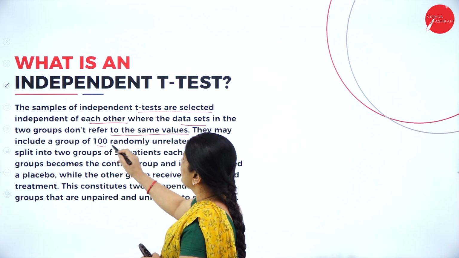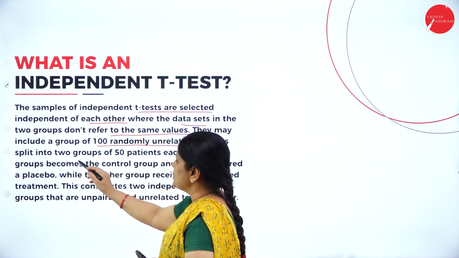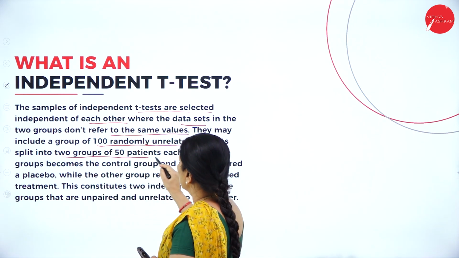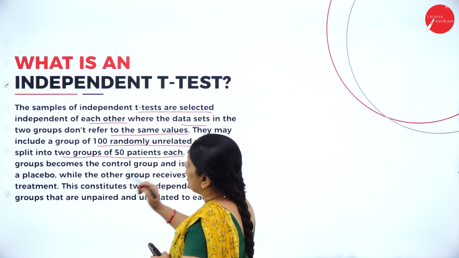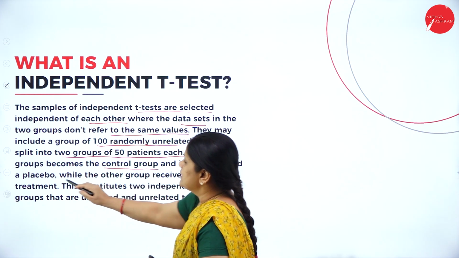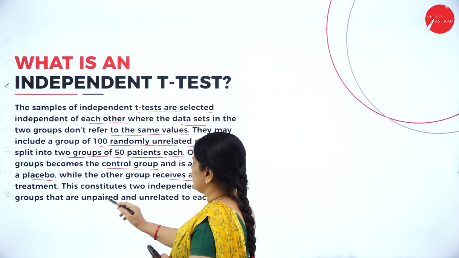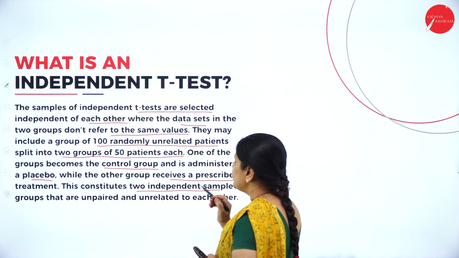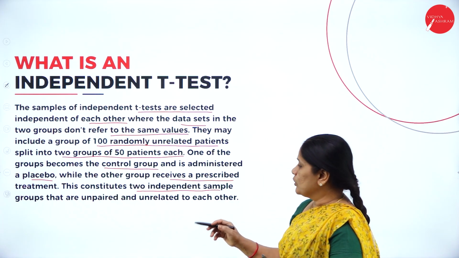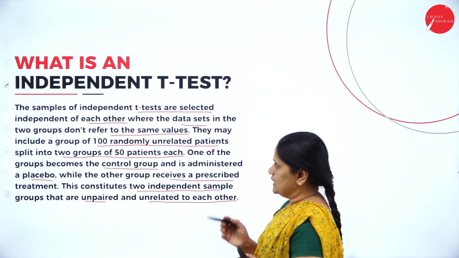They may include a group of 100 randomly selected, unrelated patients split into two groups of 50 each. One of the groups becomes the control group and is administered a placebo, while the other group receives a prescribed treatment. This constitutes two independent sample groups that are unpaired and unrelated to each other.